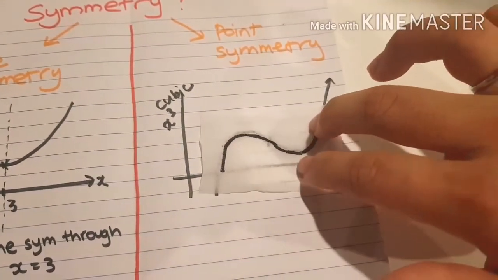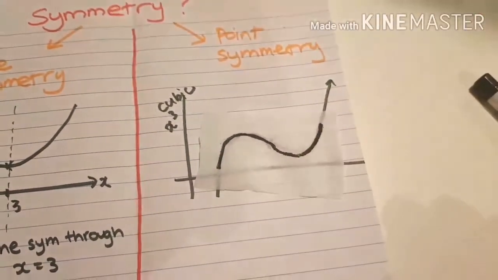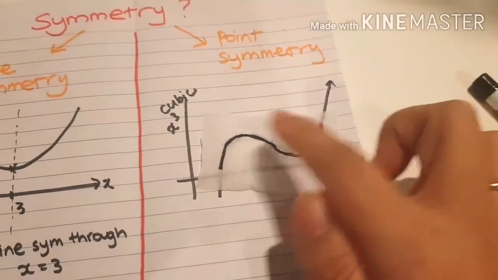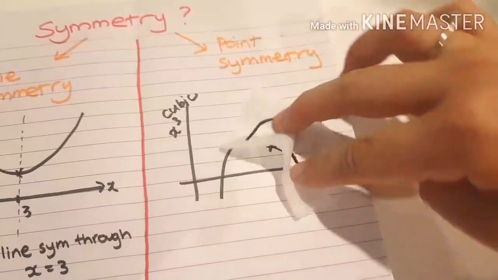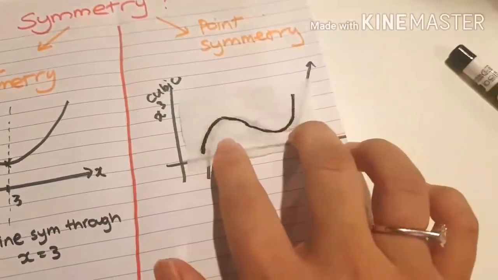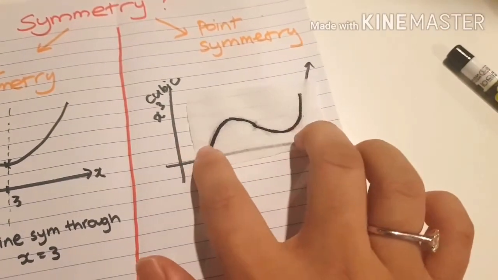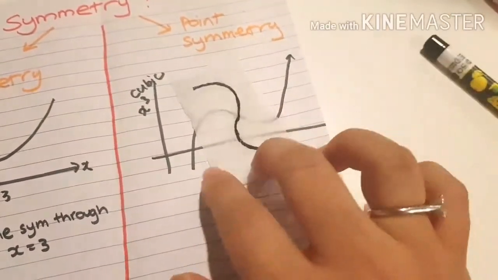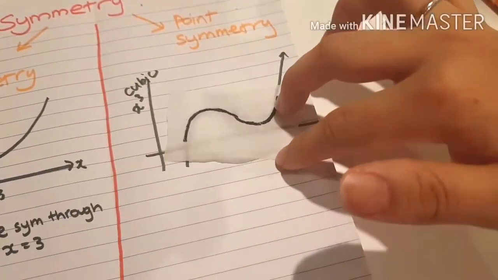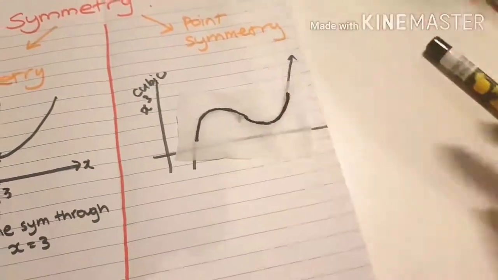What do you see? If you rotate it, it comes back to exactly the same shape. My original one was this one, but if I rotate it, it comes back to this again.